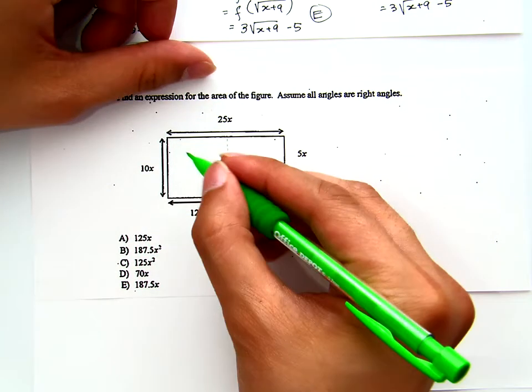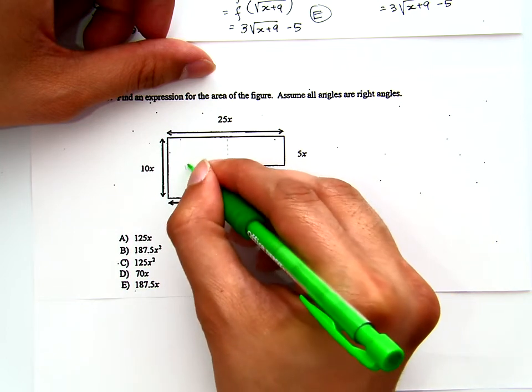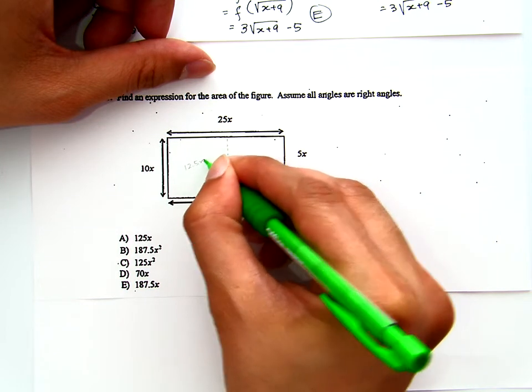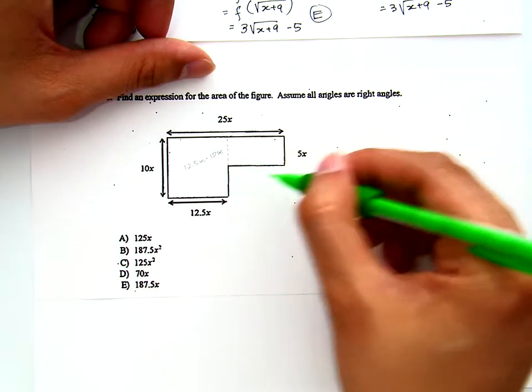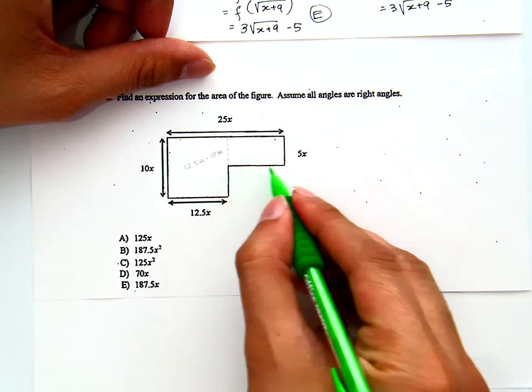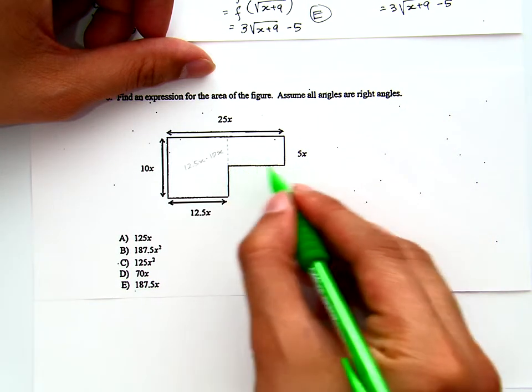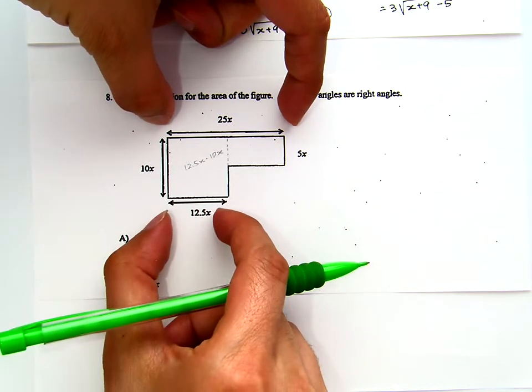Now in this first rectangle here, the area is 12.5x times 10x. Now that one I think is easy. The one here, we know that the width here is 5x, but I wonder if we can get the length fast. Notice that this is 25x and this is 12.5x.